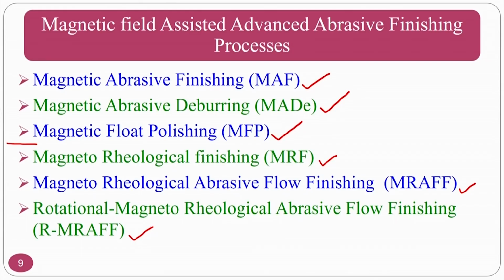There is also a variety clubbed along with magnetorheological finishing, called CMP, chemomechanical polishing, where normally people use a chemical to make a passivation layer, which is then removed by the magnetorheological finishing process.